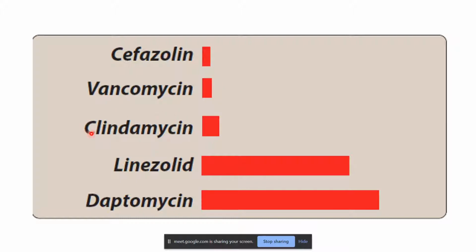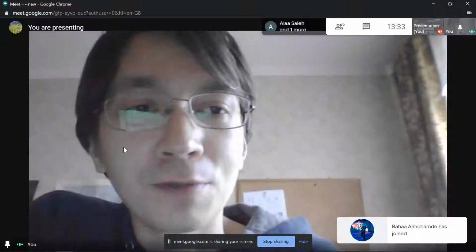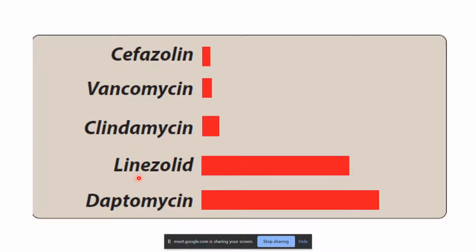And clindamycin is one of the most effective antibiotics, and is also very expensive. This one is also available everywhere, but is very expensive. Then linezolid is a new antibiotic that is not widely available, as well as daptomycin, and both of these antibiotics are very expensive.